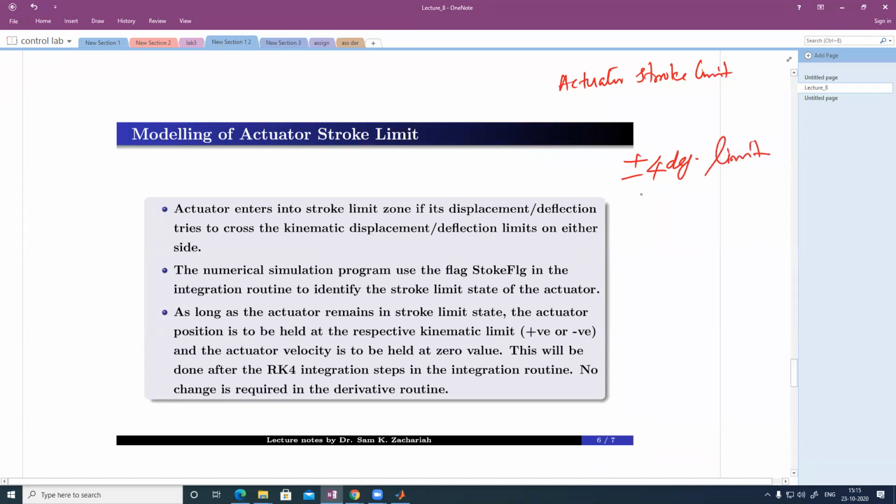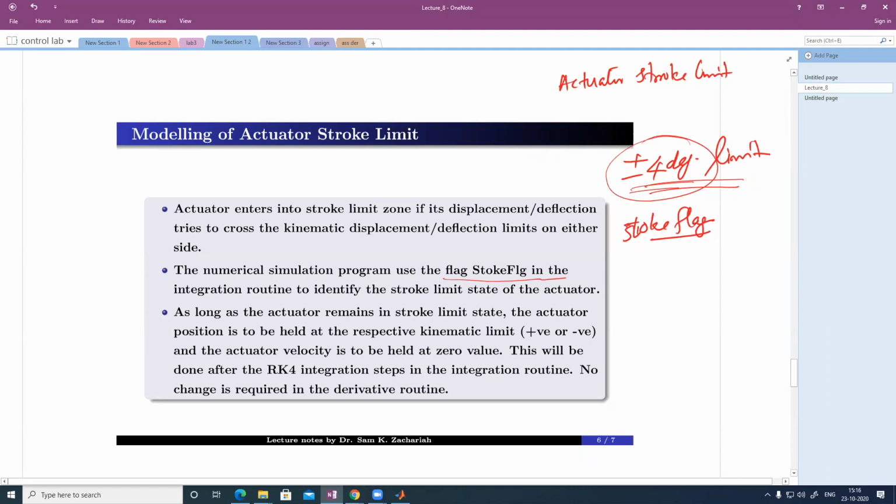If it is going to cross plus 4 degree or minus 4 degree, it will limit. So you have to numerically simulate this using a flag called stroke flag. Earlier you used the stick flag, now you have to use stroke flag.